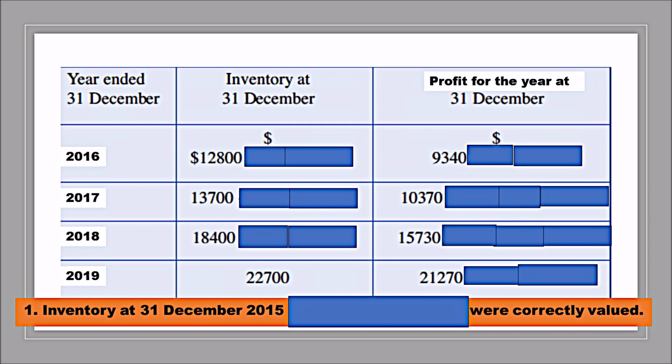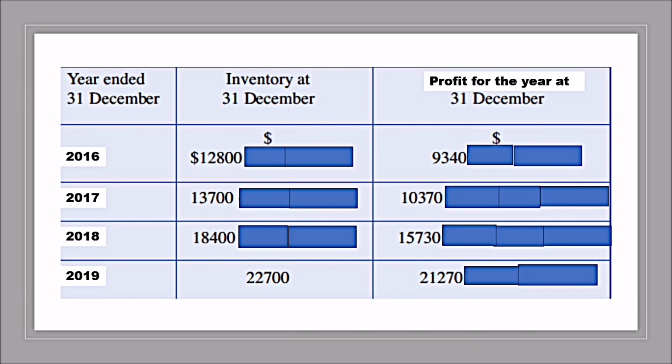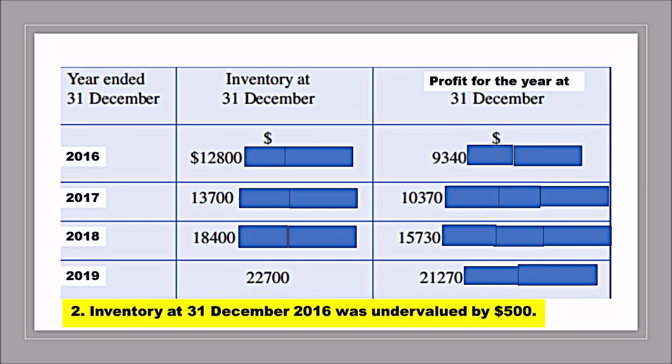Since closing inventory of 2015 becomes opening inventory for 2016, and since there is no problem with the opening inventory, the profit figure will not be affected. Next, inventory at 31st December 2016 was undervalued by $500.